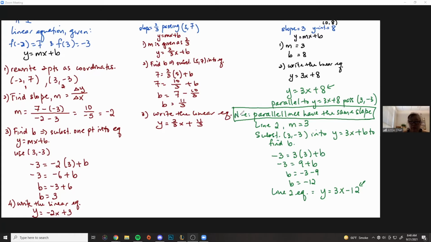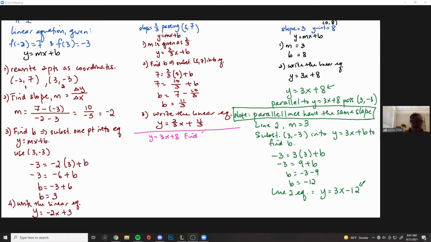What am I going to do next? Perpendicular. Yes. So what if it is perpendicular? So we're still going to work on this one, right? y equals 3x plus 8.